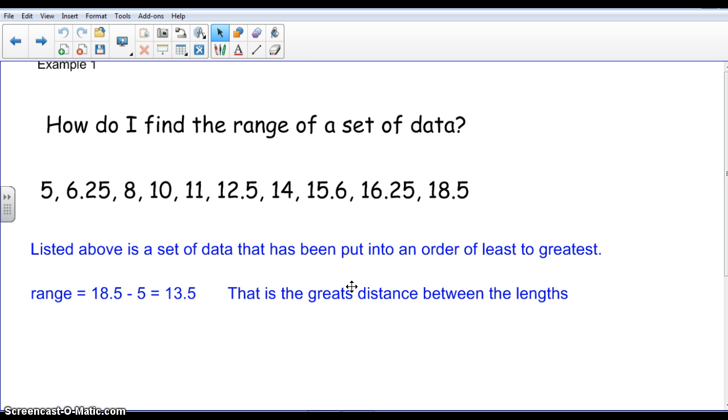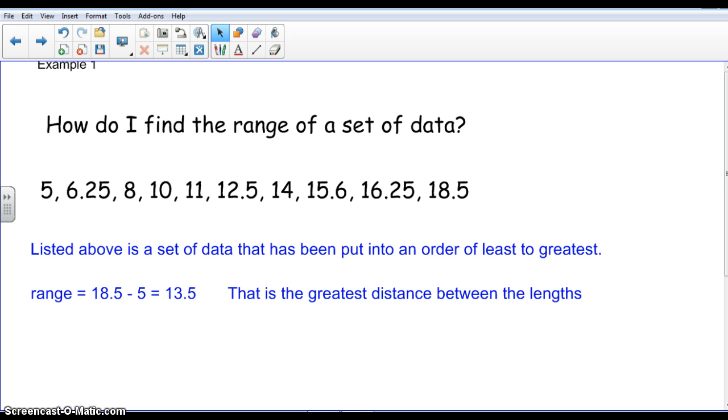So that was pretty easy, it's pretty much a review. Please do the On Your Own number 1 on page 414 and come back for the answer. On the On Your Own number 1, the question is find and interpret the range of their ages.